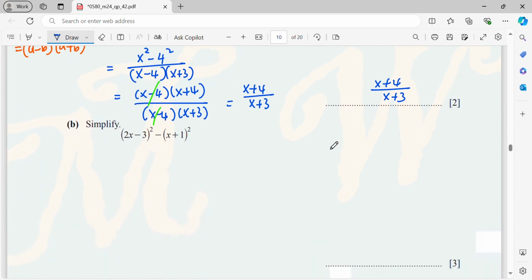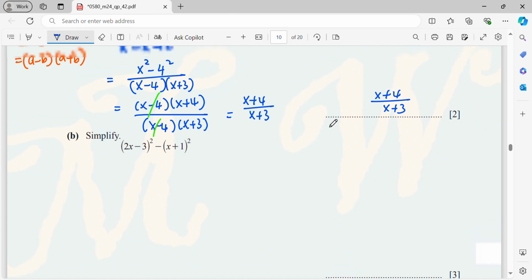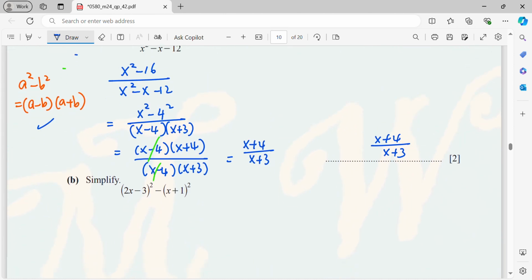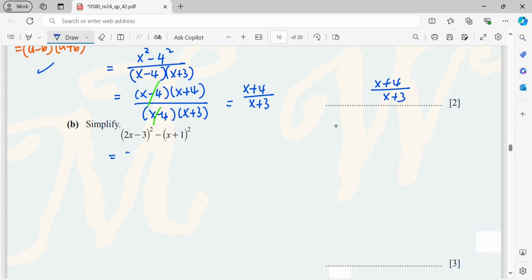Okay, B. Simplify the difference of two squares. Use back this formula. Here you will be getting 2x minus 3, this is my A now, minus B for the first term, and then A plus B. So 2x minus 3 as the A plus x minus 1.